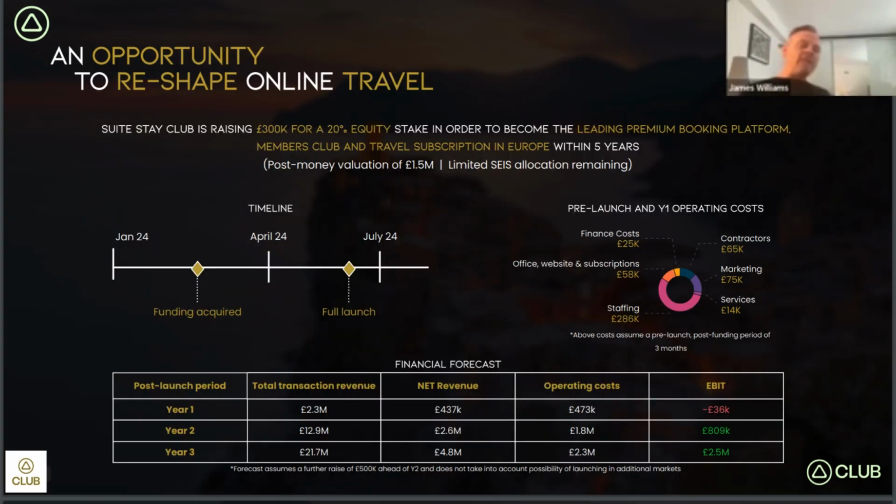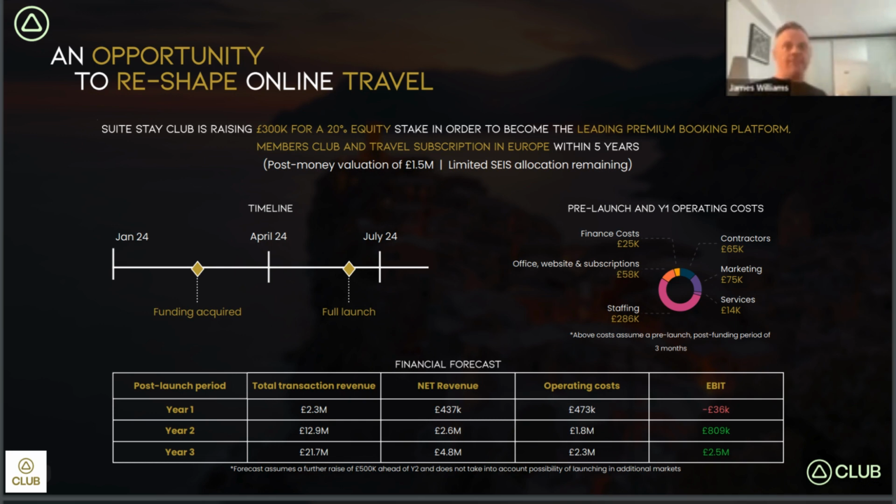So in terms of where we are today, we actively started fundraising in November last year. Our aim was to raise 300K for a 20% stake in the business. The initial take-up has been strong. We set ourselves a go point of 200,000, and by go point, that was the point at which we could start committing to building.